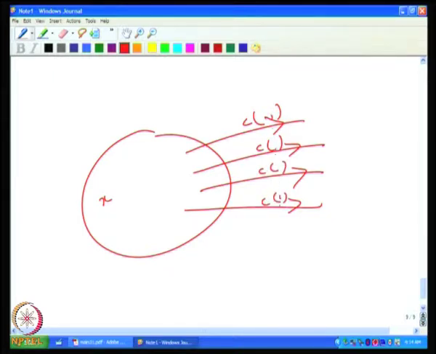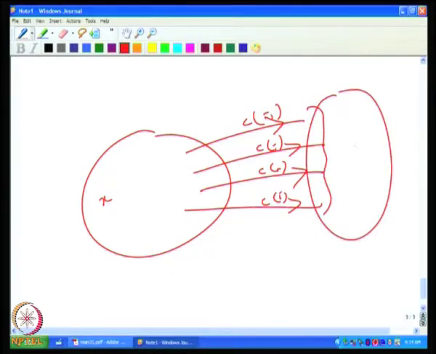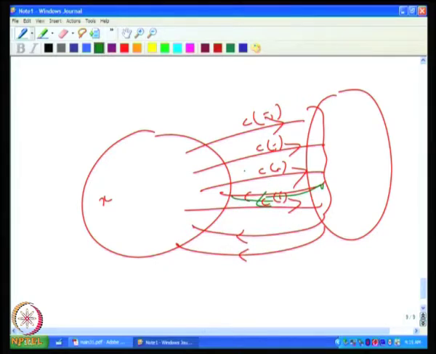If you sum up these capacities, that is the capacity of the cut. There are incoming edges, but they do not contribute to the capacity of the cut. When I say capacity of the cut, we are just considering the outgoing edges.